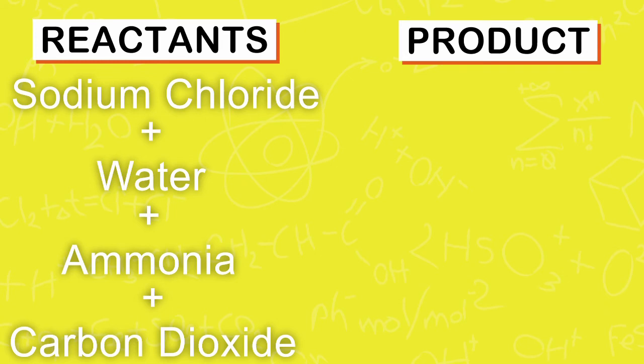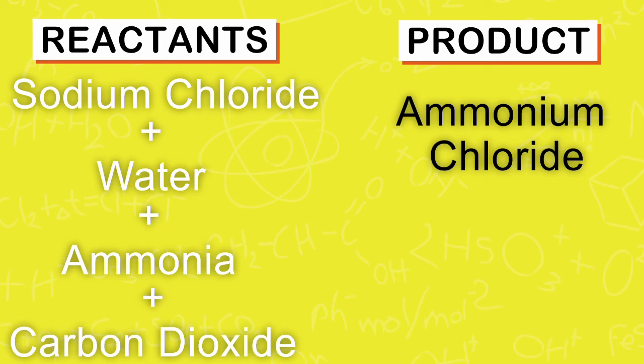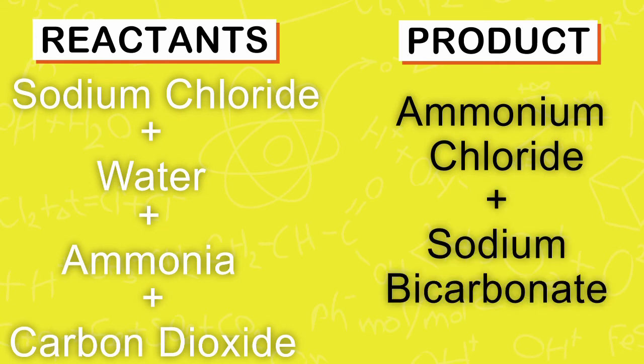You'll get ammonium chloride and sodium bicarbonate, which is nothing but baking soda, right? Ammonium chloride is a salt that we have seen in the activity last time with the pH. So 4 reactants are forming 2 different products, NH4Cl ammonium chloride and NaHCO3 sodium bicarbonate, which is also called baking soda. All right.